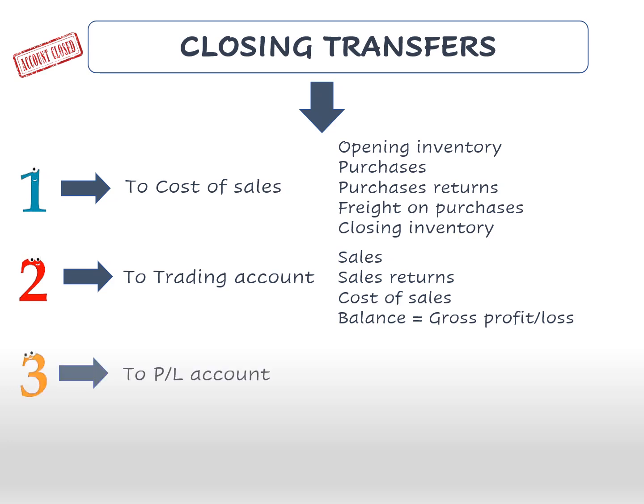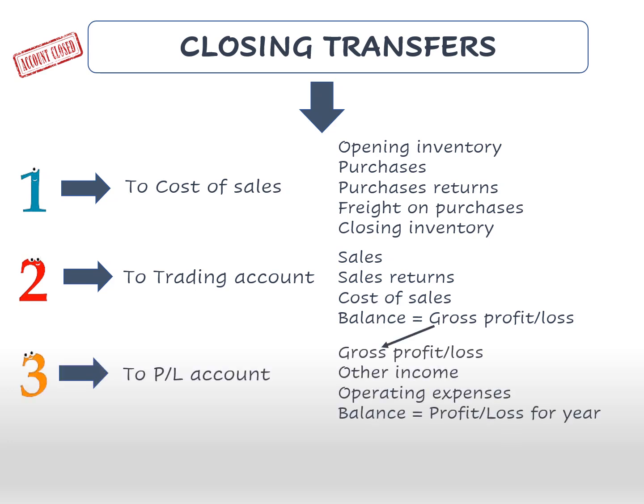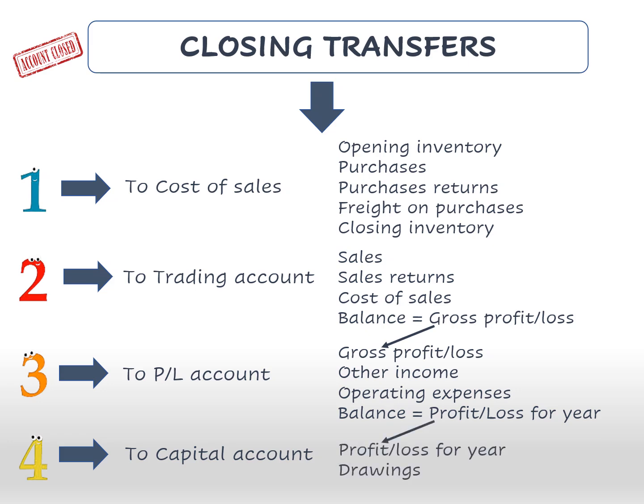This is then transferred to the profit or loss account, together with all the other income accounts and all the operating expense accounts. The balance of the profit or loss account is the profit or loss for the year, and the last closing transfer is then the transfer to the capital account, which is that profit or loss for the year taken out of the profit or loss account and transferred to the capital account.